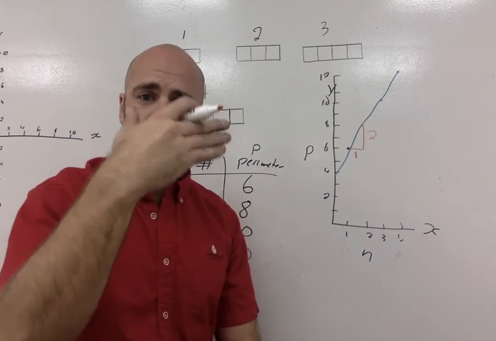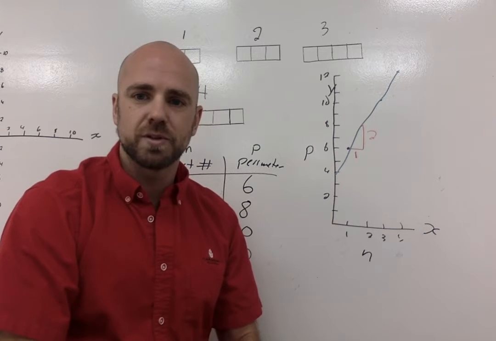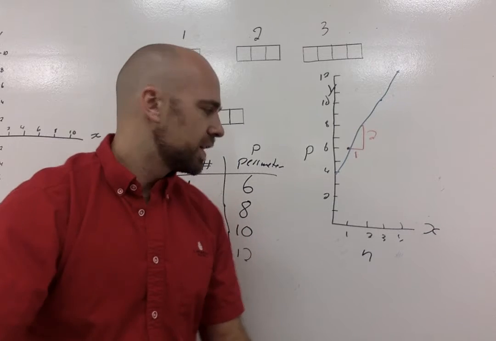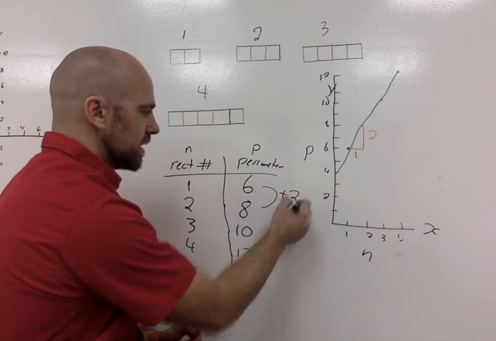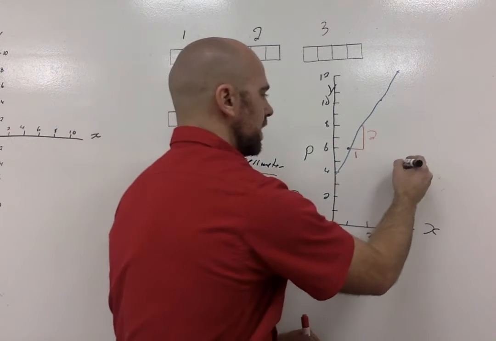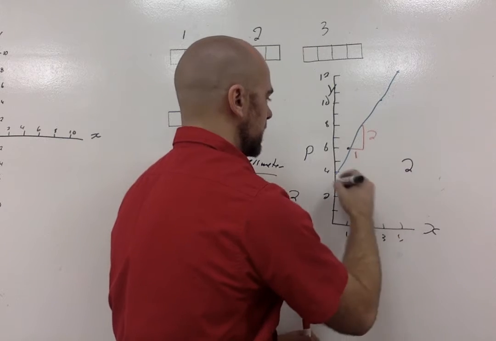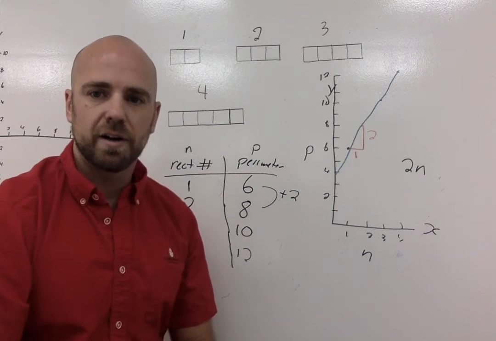So the vertical change is what we will use for our numerical coefficient, or as we'll see, this is our change in our output. So we would have 2 times n, 2 times our input.